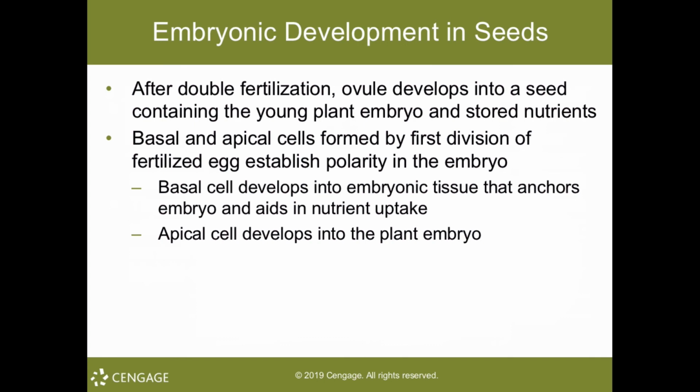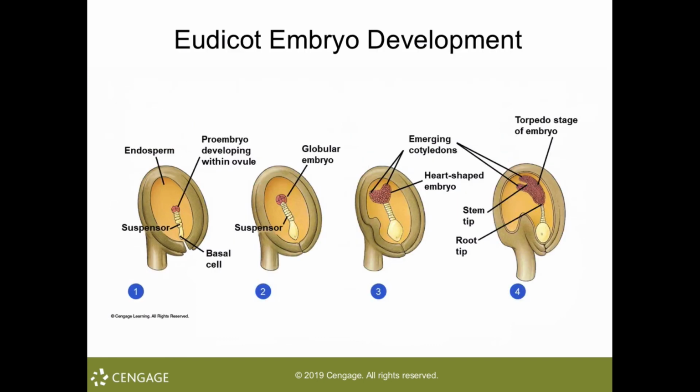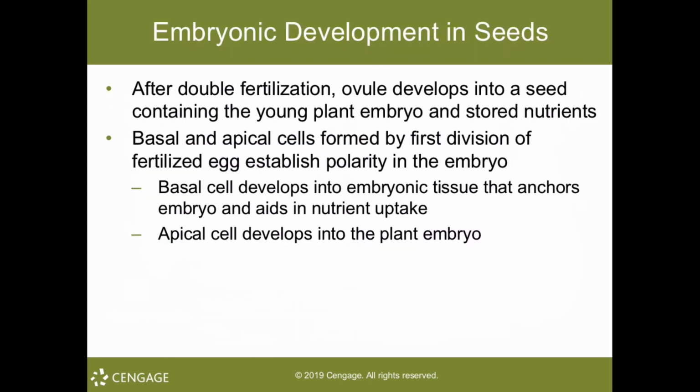So let's get to dicot embryonic development. There are two cells, the basal cell and the apical cell, that are formed as a result of the first division of the fertilized egg. And this is what establishes polarity, meaning the direction in the embryo.